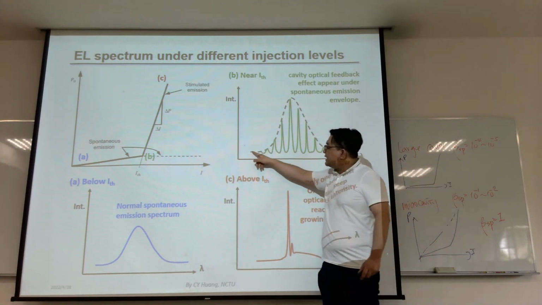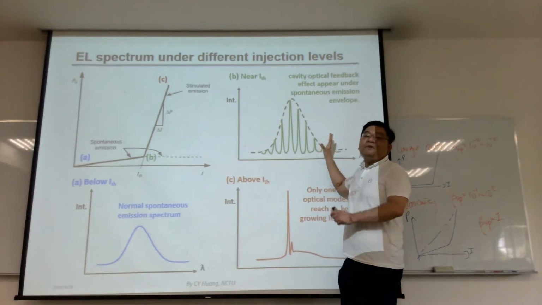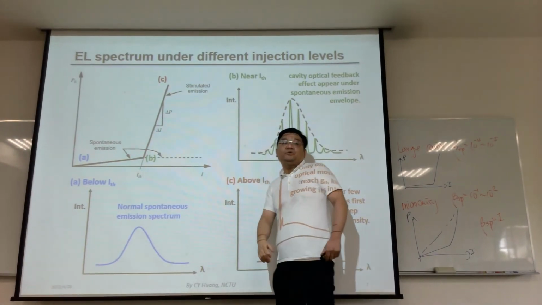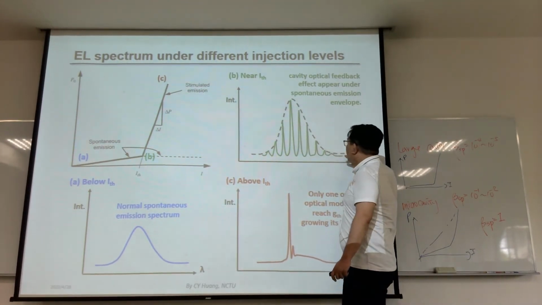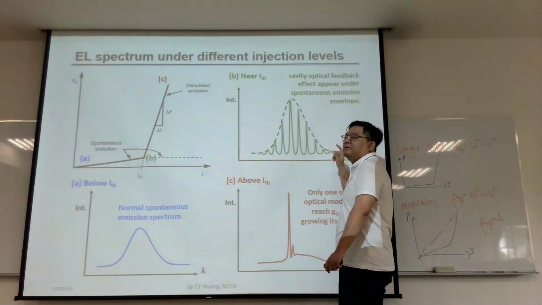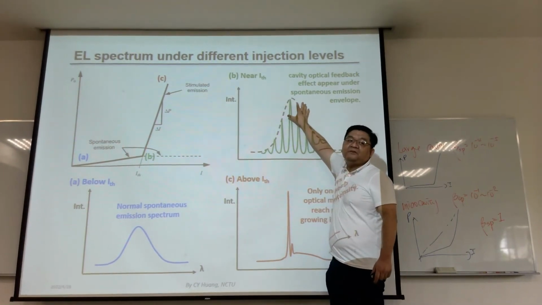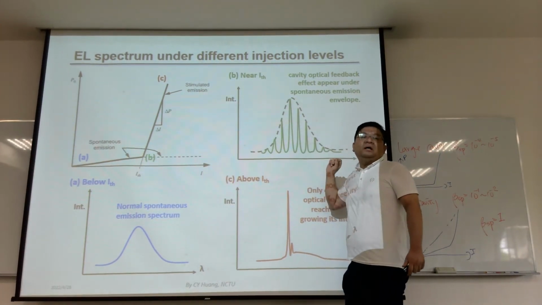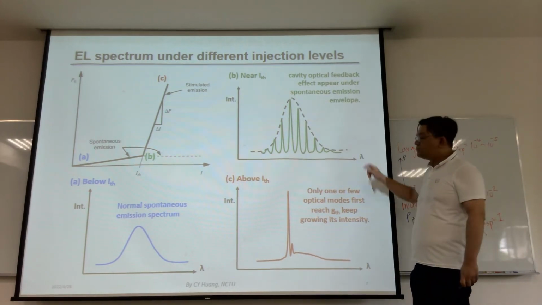But it's still enveloped by its original spontaneous emission spectrum. So you might see one envelope and a second envelope: the high envelope is for the constructive interference, and the low envelope will be the destructive interference. Okay, so that's what happens near lasing.